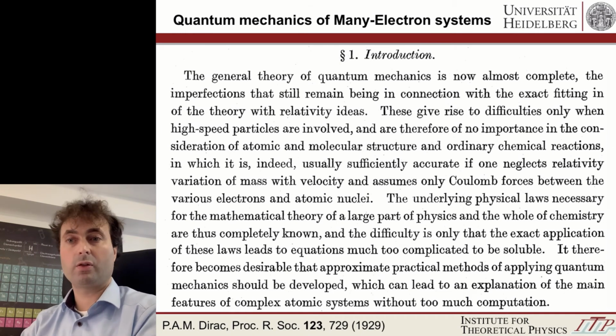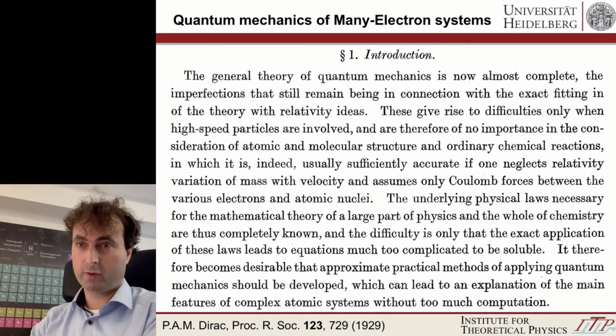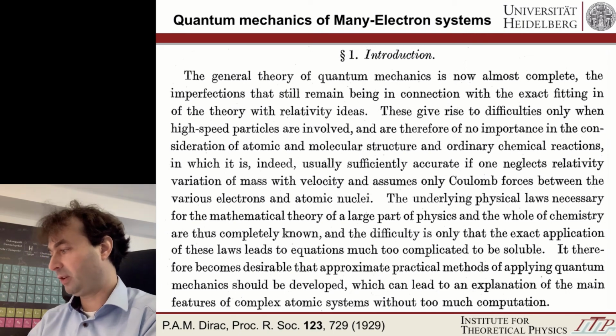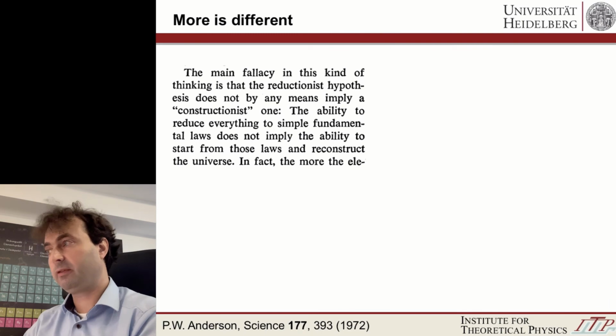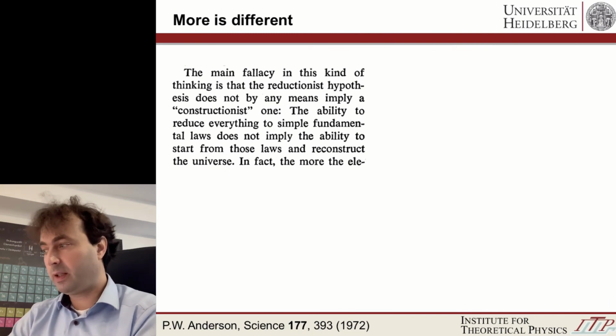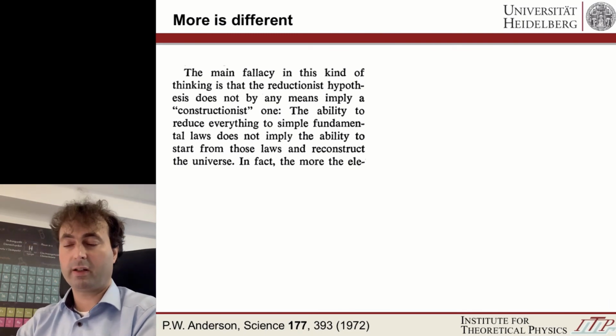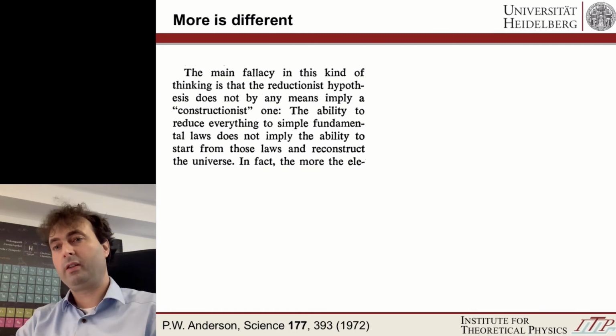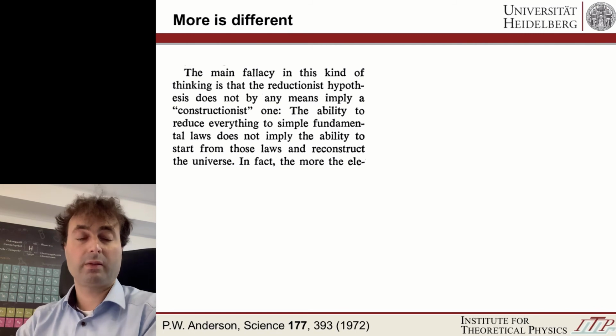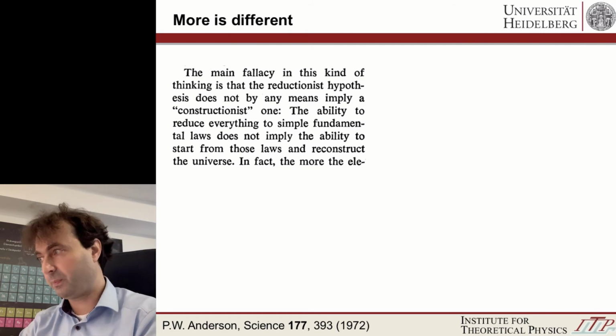All that is left is just doing the numerics and improving the numerics to get a better understanding. And he has been criticized for that, very rightly. And Anderson has put that in a very nice way. Because it's not just solving the equation and defining better mathematical methods to solve that equation.